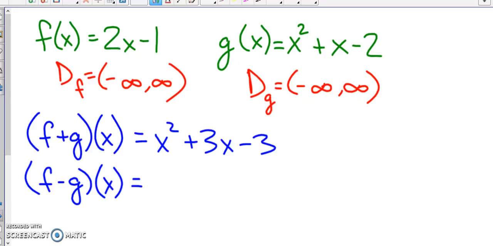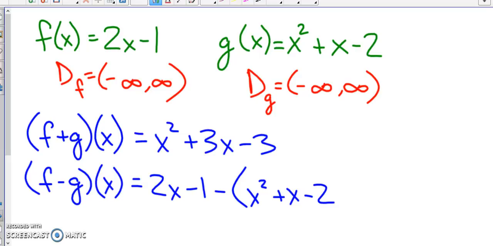How would you go about this one? So if I were to write it out, it would be 2x minus 1 minus x squared plus x minus 2.